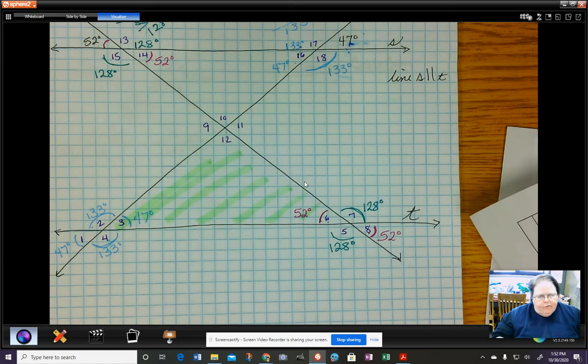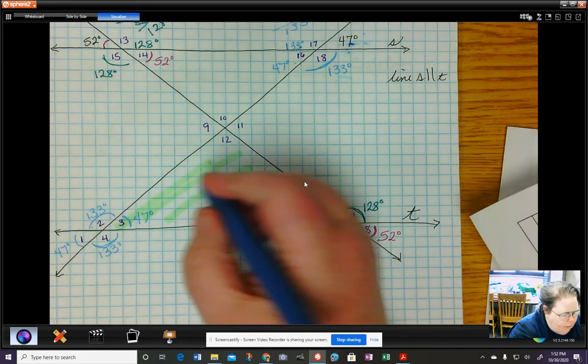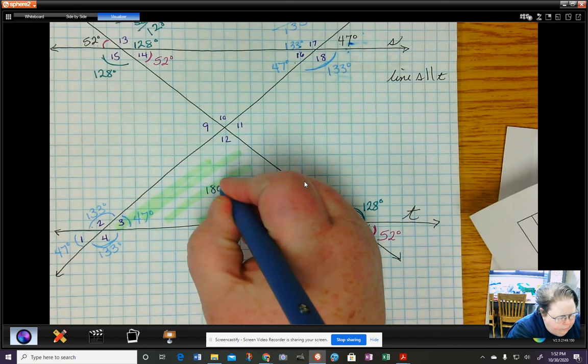Do you know how many degrees are in a triangle? Well, if you don't, that's okay. We're going to cover that in the next unit. But let me give you a heads up. It's the same amount of degrees that are in a straight angle or a straight line or that are supplementary. Do you know what I'm talking about yet? I hope so, because a triangle has 180 degrees in it.